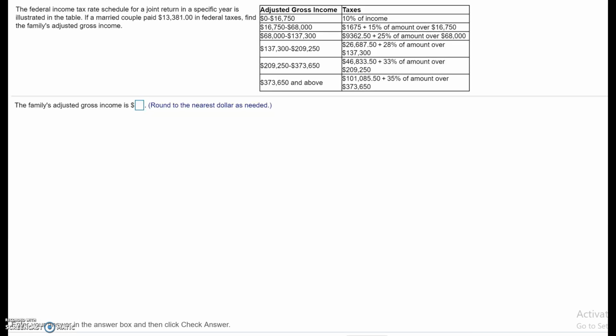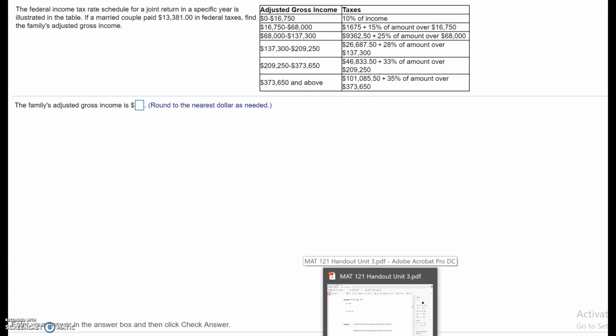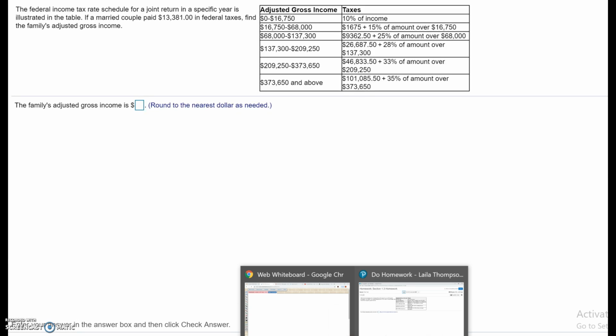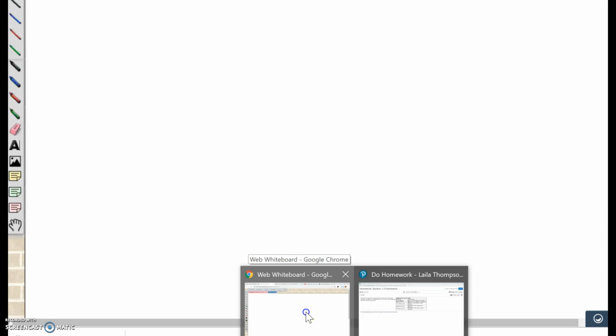So the family is in this tax bracket that's represented right here. And I hope that you can see where my cursor is kind of toggling over. So let's look at how we would solve this. And then I'm going to have an additional video on this specific problem.